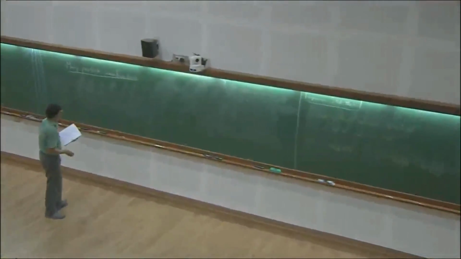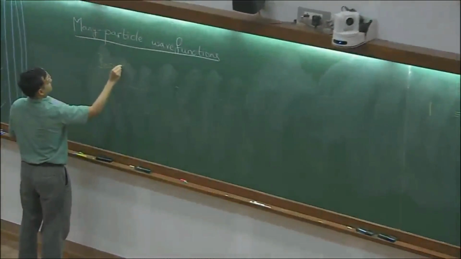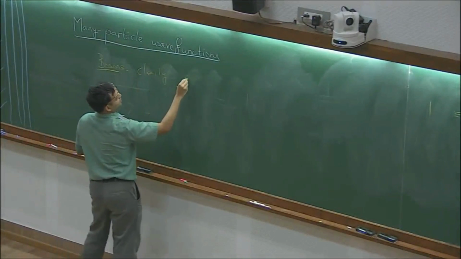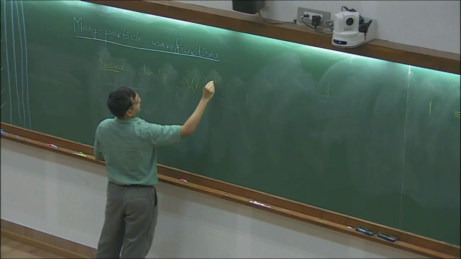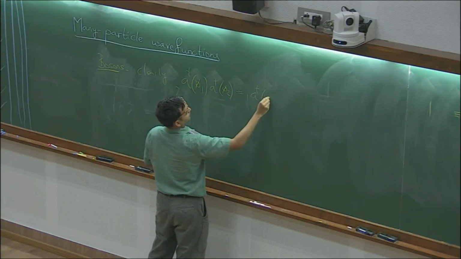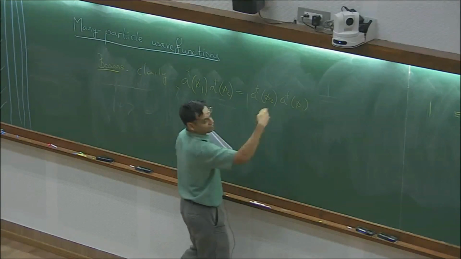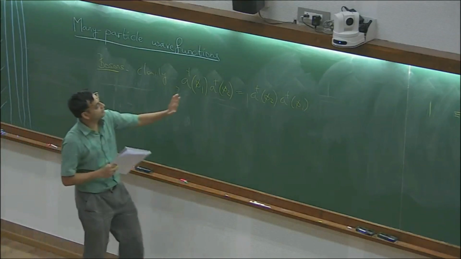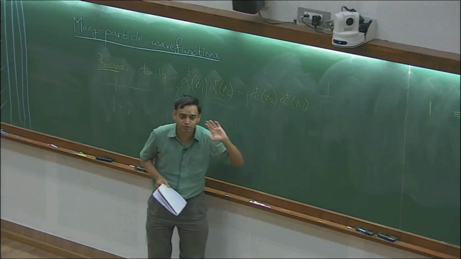So for bosons, clearly doing A dagger phi 1, A dagger phi 2 is the same as doing it in the opposite order for two different orbitals, right? So if you're creating particles in two different orbitals, for bosons it doesn't matter what order you act.